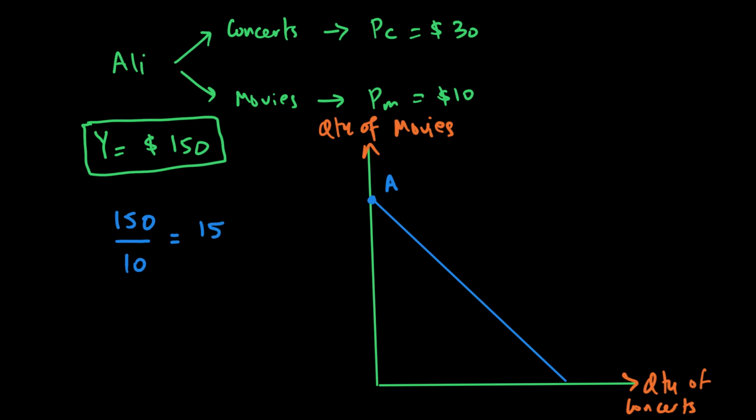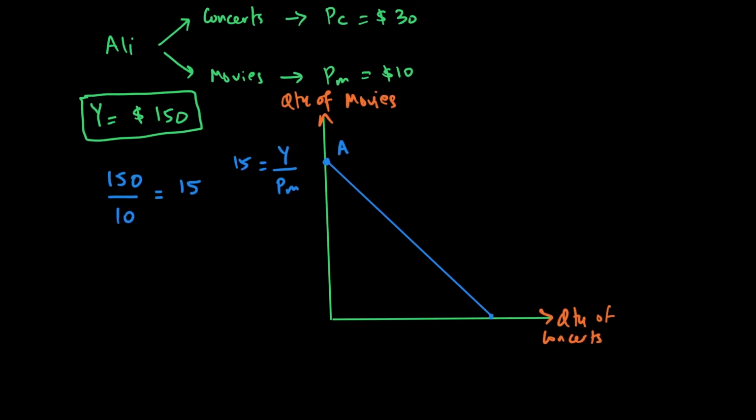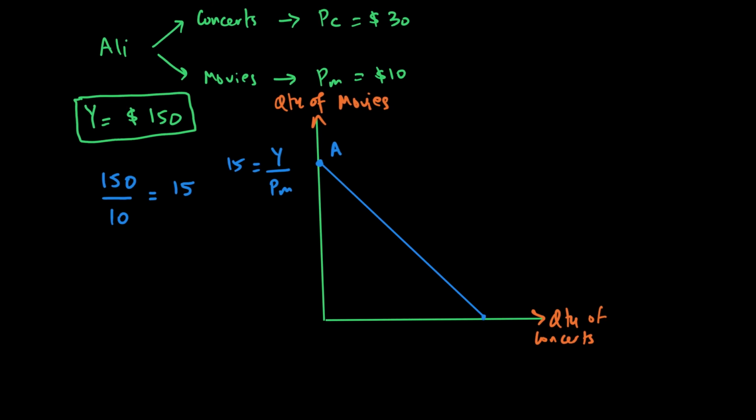So this value here is simply what we call Y over PM, which is going to be 15. Similarly, the value on the x-axis is going to be Y over PC, which is 150, the income, divided by the price of concerts, which is 30. 150 divided by 30 is 5.